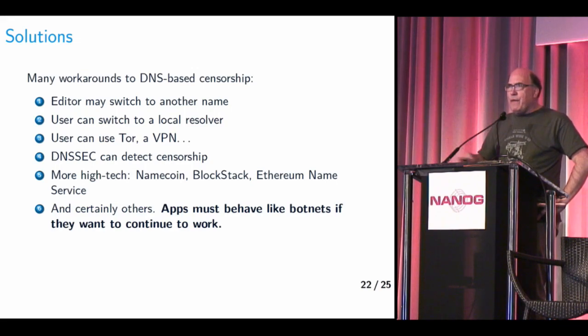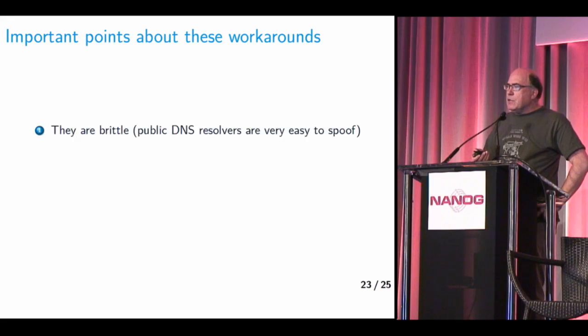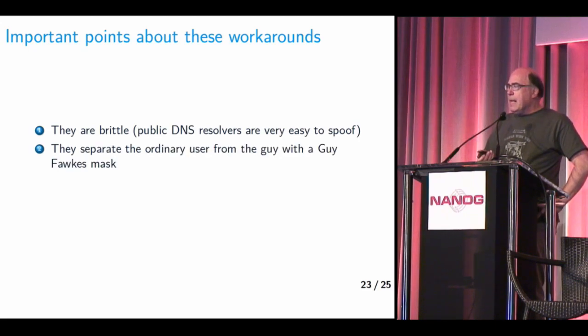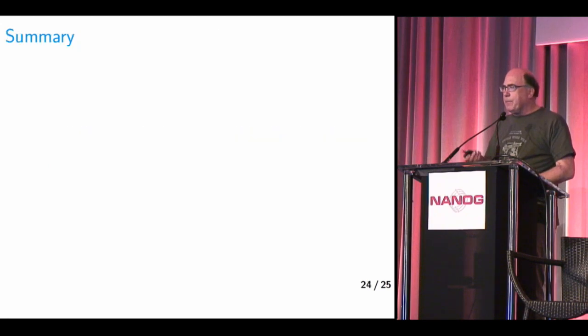They have to find new tricks to resolve names because they will have to work in a hostile environment because of censorship. So all these workarounds are brittle. A typical example is that a public DNS resolver is very easy to spoof. They also make a difference between Mr. Smith and the geek who is able to do this. Most of these solutions are not for the ordinary user, unfortunately.